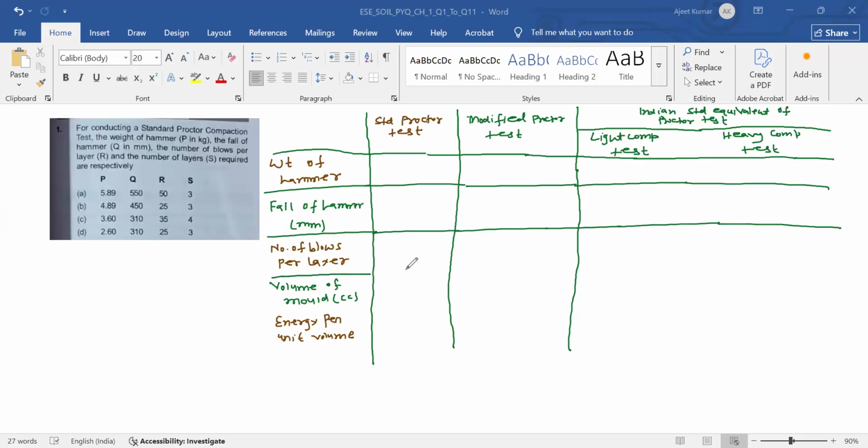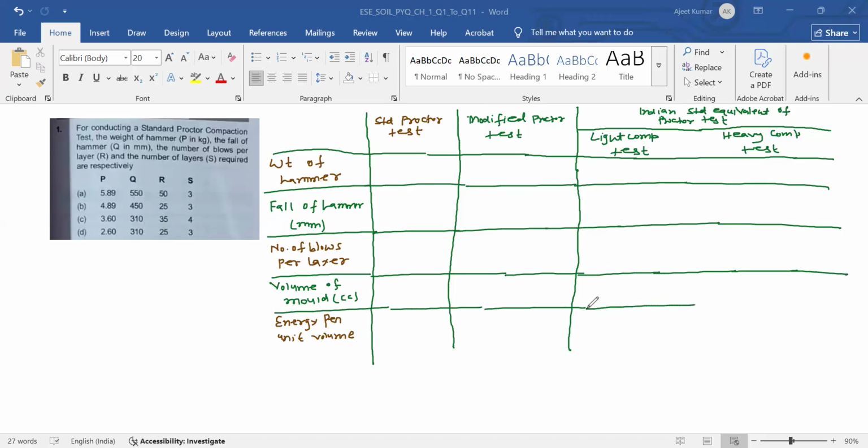You will be able to do all the questions related to Proctor tests.